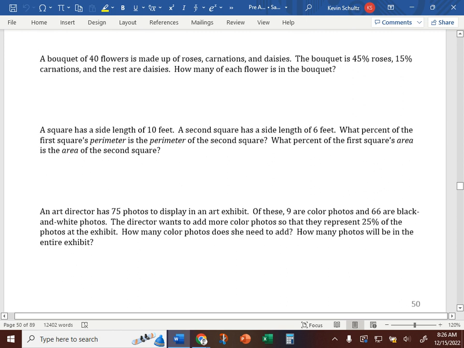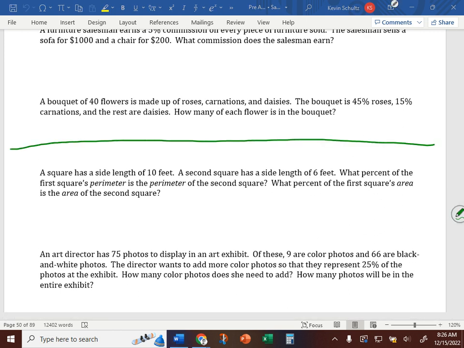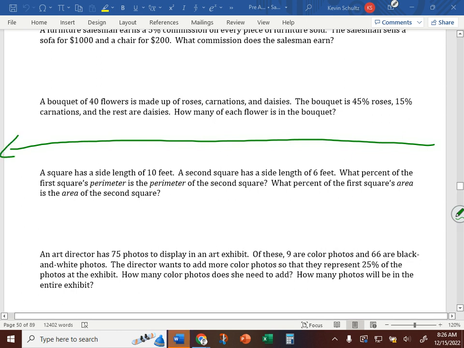Okay? So the rest of this page and stop after the bouquet of flowers. Right? So you have 10 questions in all. The last 5 on the first page and the first 5 on the second page. So stop after the bouquet of flowers on page, what is this?